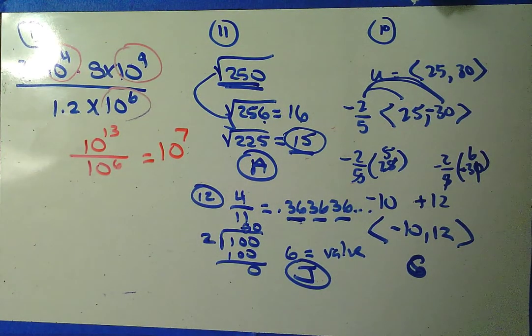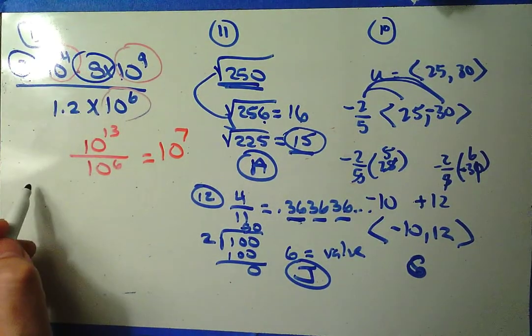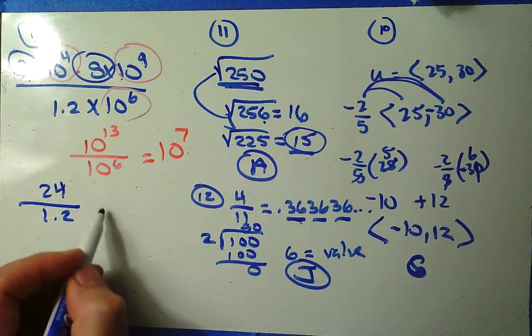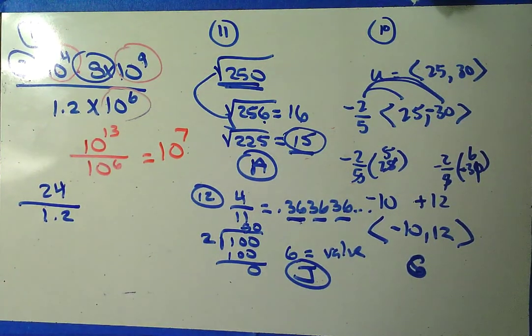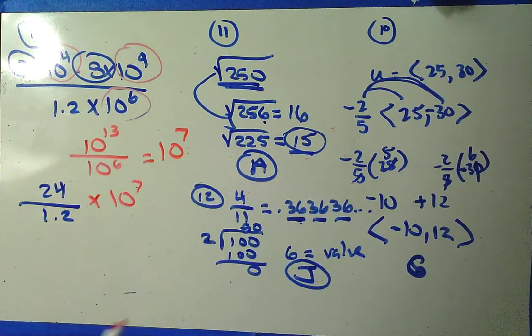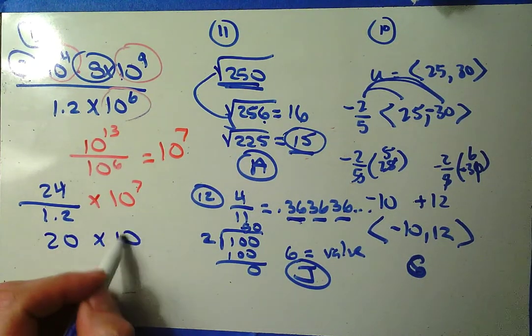So my answer is going to have a 10 to the 7th in it. Or is it? So let's take now these values. 3 times 8 is 24 on top, divided by 1.2. And all of that is times 10 to the 7th. Well, 24 divided by 1.2 is 20 times 10 to the 7th.